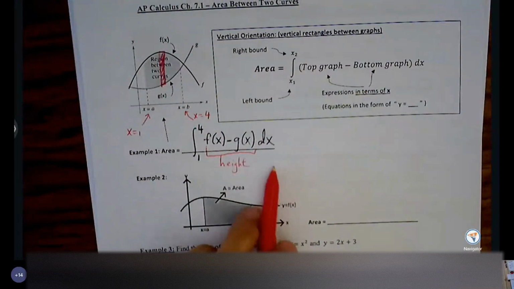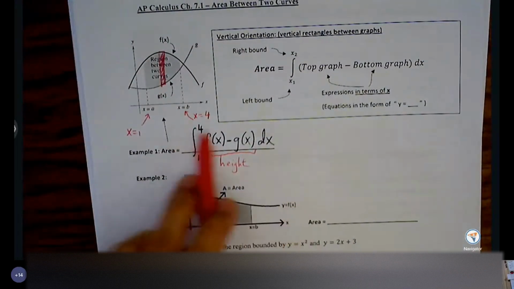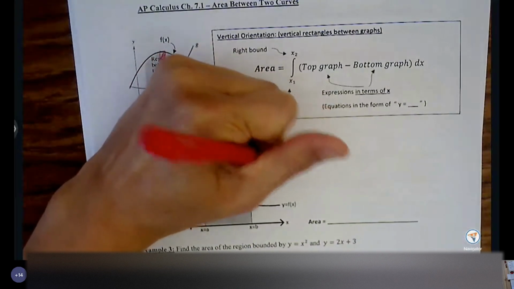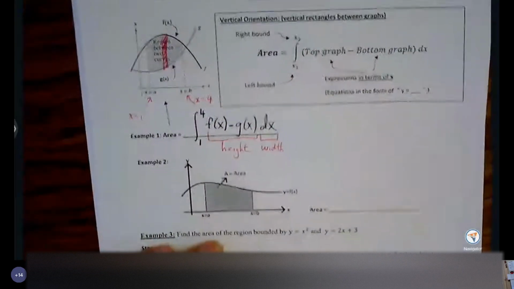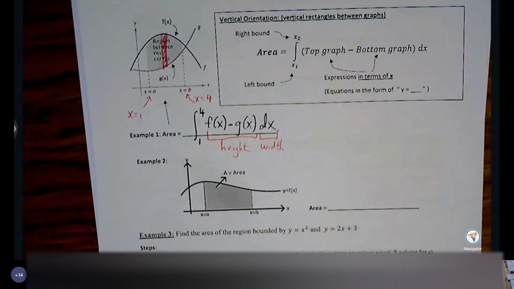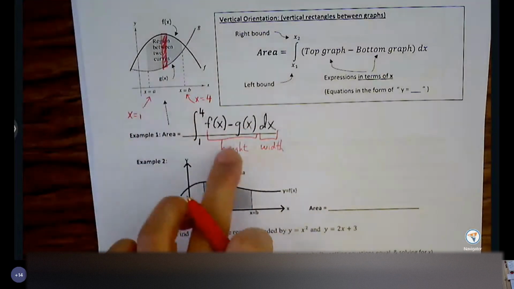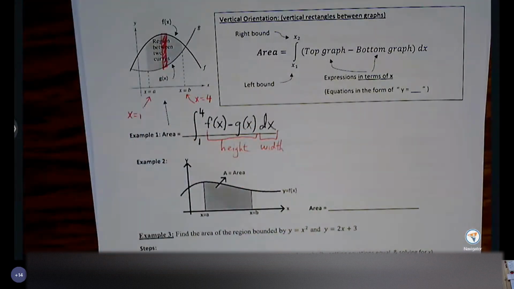And then the dx is just representative of the width component. So we do have a little bit of that width times height represented within this notation. So area is width times height, and it's kind of built into our definite integral formula.